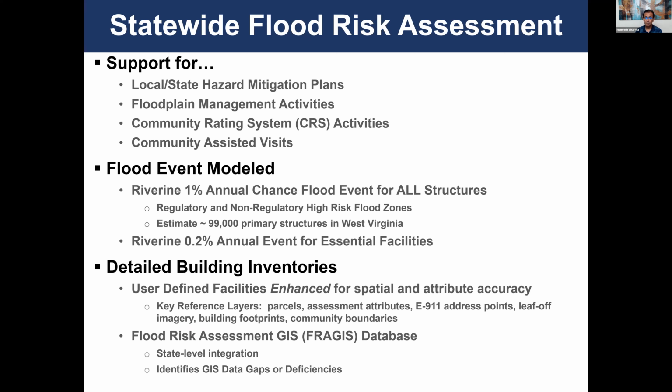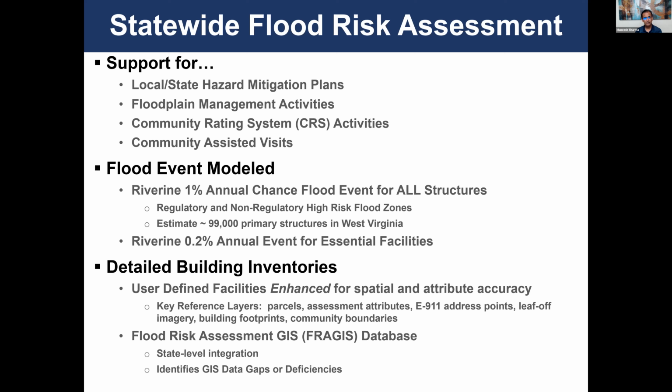Hopefully all this activity can get counted, earning different points towards the CRS activities. And whenever a CAV, community assistance visit, happens, this data set can form a baseline on which communities can improve the data set.